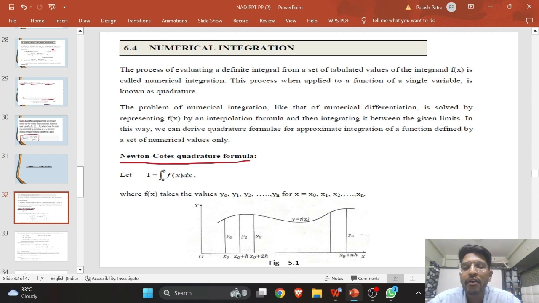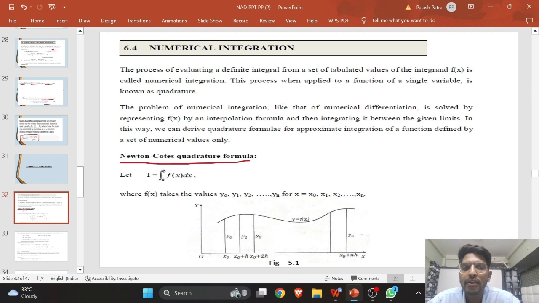Which means that we have a curve y equal to f(x) and we need to calculate the area under this curve. This method is known as numerical integration. This process, when applied to a function of a single variable, is known as quadrature.